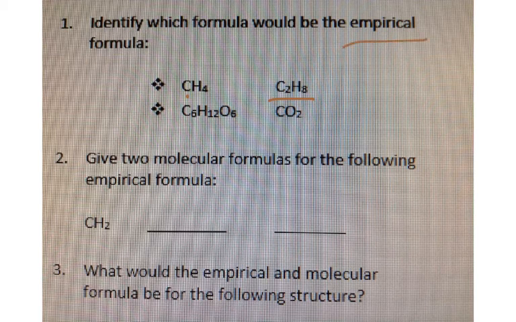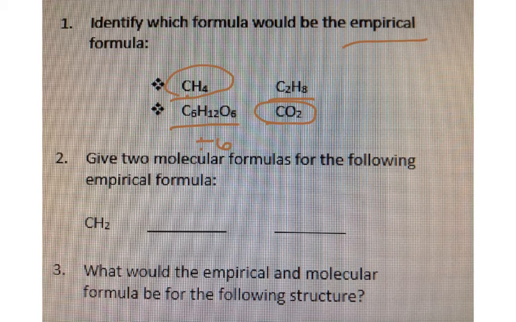So the most reduced, which is the empirical formula, would be C1H4. Now if I look at this guy, C6H12O6, I know I can divide both of those by 6. So that would not be an empirical formula, whereas CO2 is the empirical formula because I have subscripts of 1 and 2, and I can't reduce that anymore.